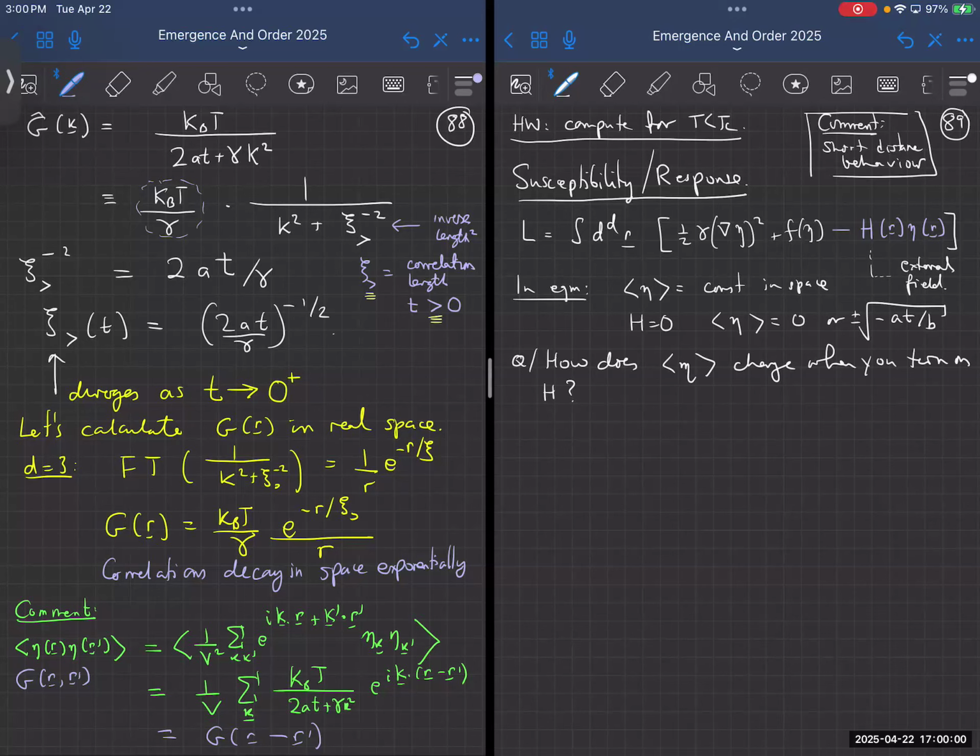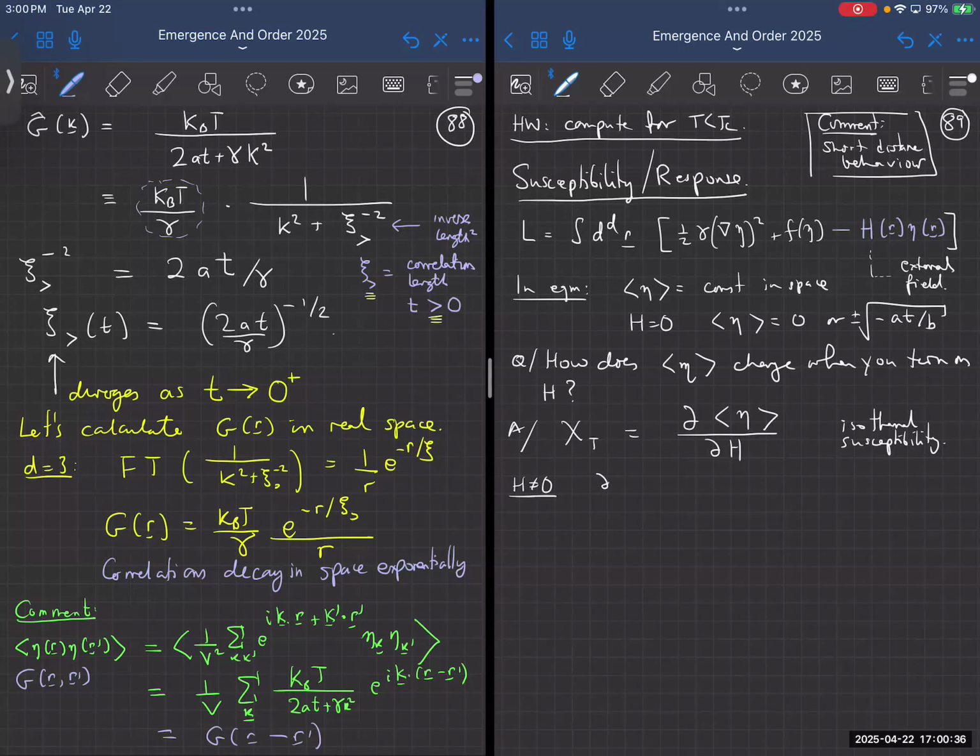The way we do that is we say, well, what you've asked me to compute is the isothermal susceptibility, which I can write down as this. I take the expectation value of eta, and I look at what happens when I switch on H. So this is called isothermal susceptibility. Let's compute that when H is non-zero.